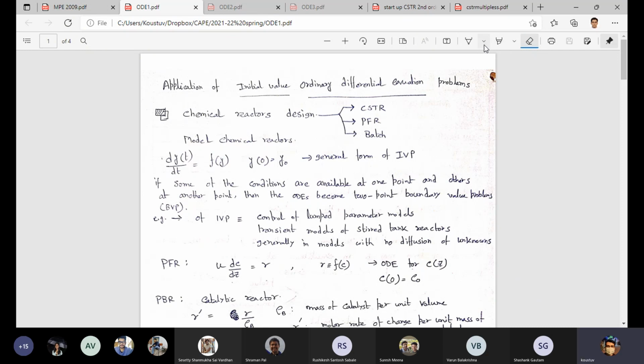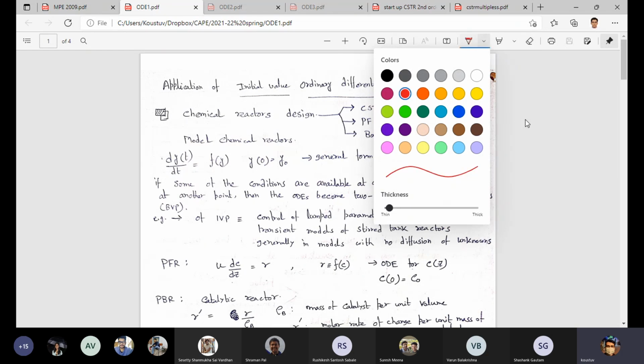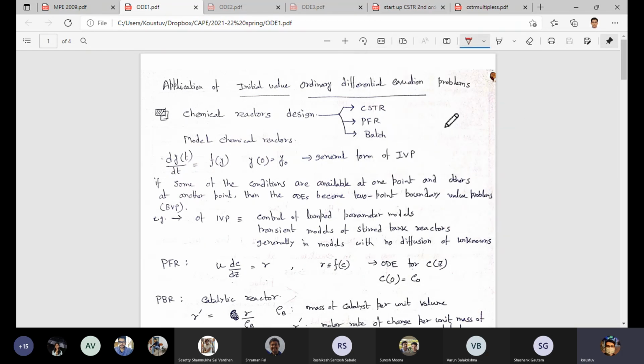Now what we are more interested in is when we have several ODEs or a system of ODEs, and in particular we will take up the case where we have to solve either isothermally or non-isothermally in a PFR. Typically the plug flow reactor case we will be dealing with more, because this leads to ordinary differential equations.